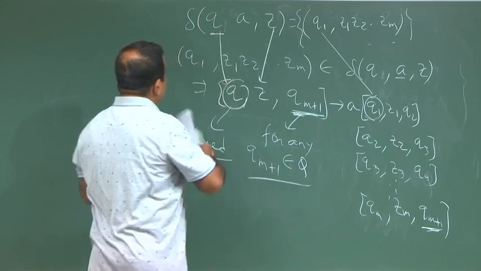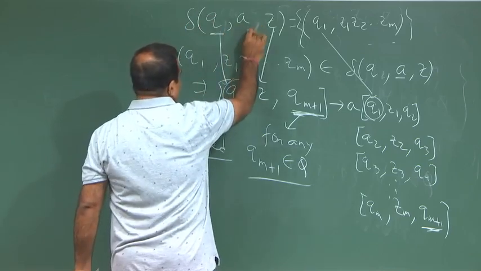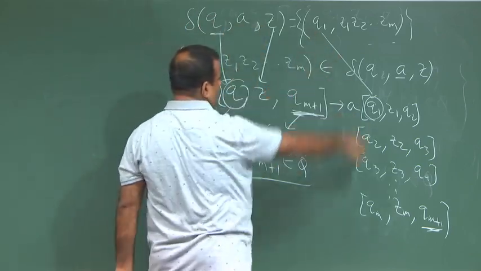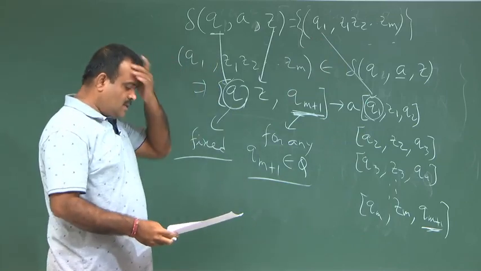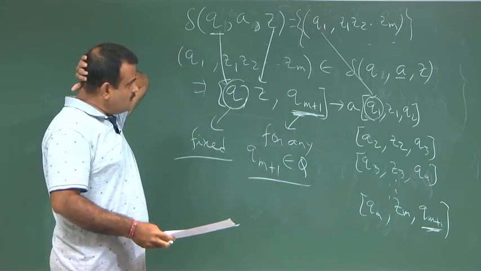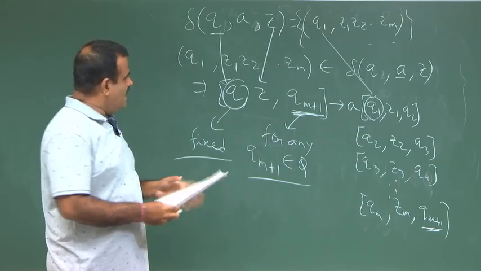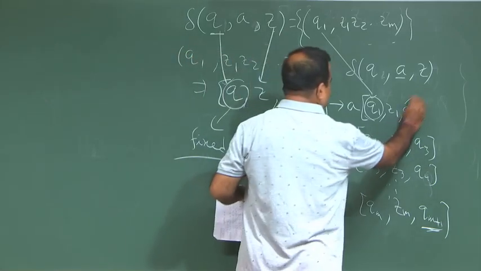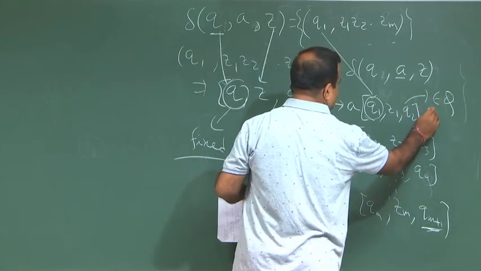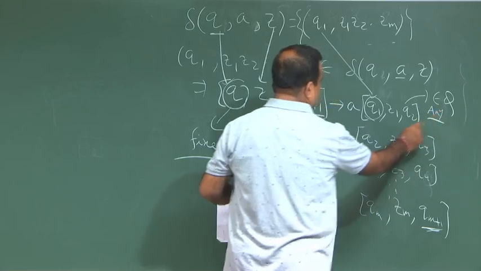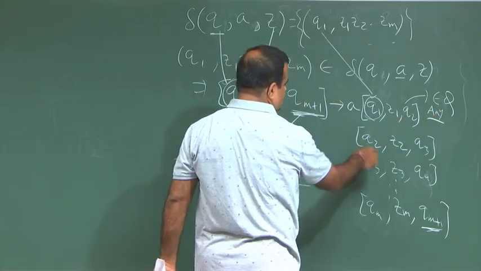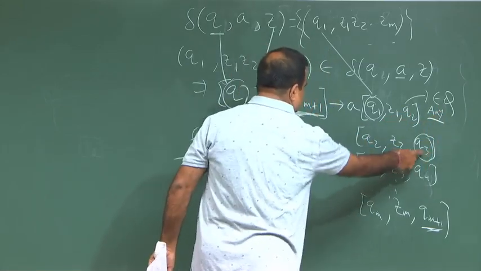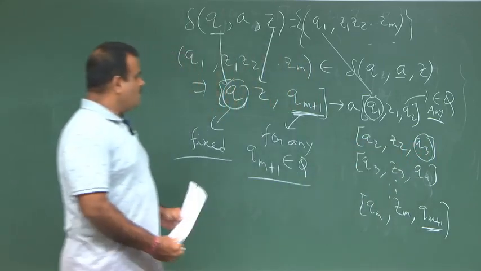This is Q, this is A, this is comma and this is Q 1. So Q 1, Z 1, and we have a choice over here. This belongs to Q for any. Once this is fixed, then we can choose this, this is fixed. So this way we can continue.